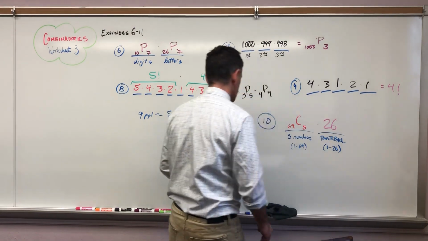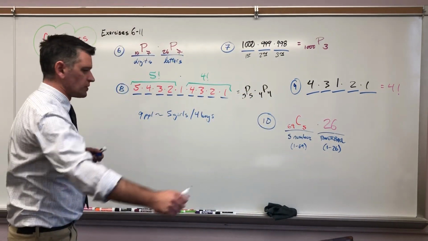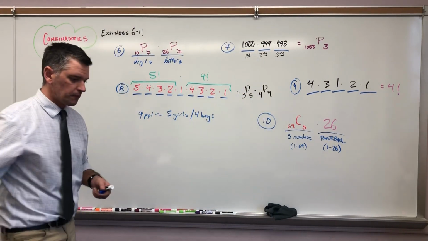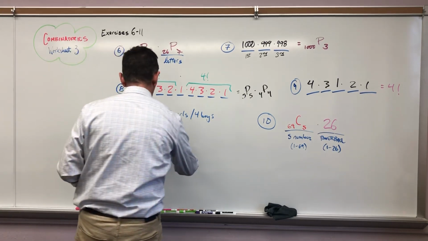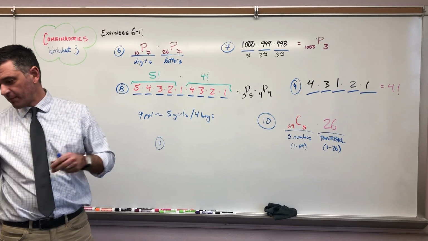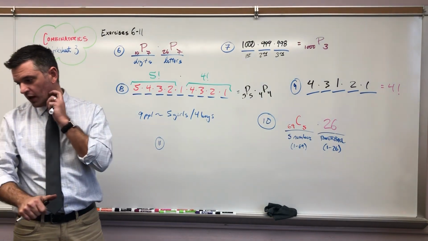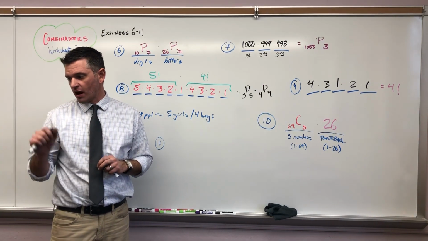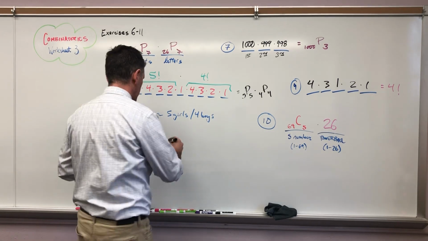First off, we're going to think about some percentages. I think I've got enough room to do this right down here. On one hand, I need to think about 5% of 60 and 5% of 40.